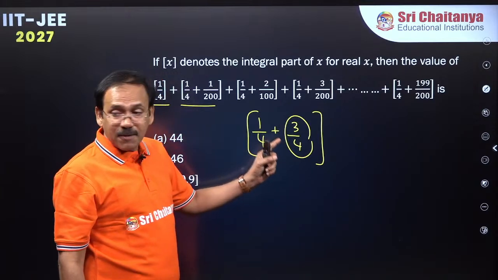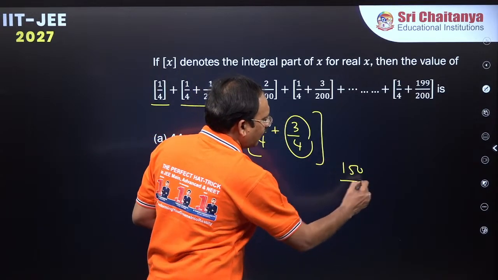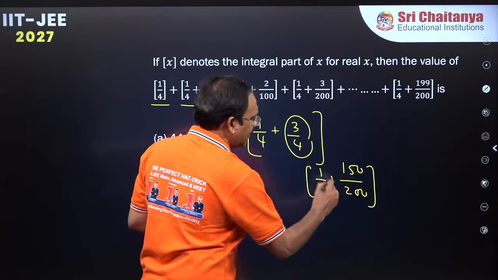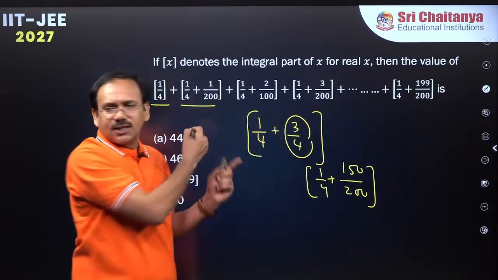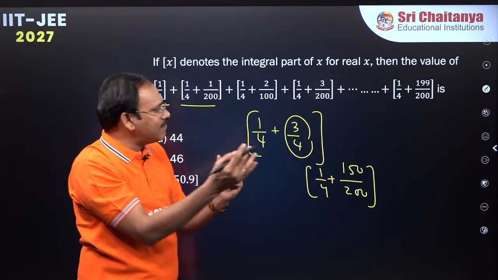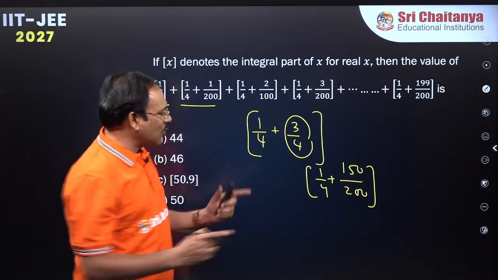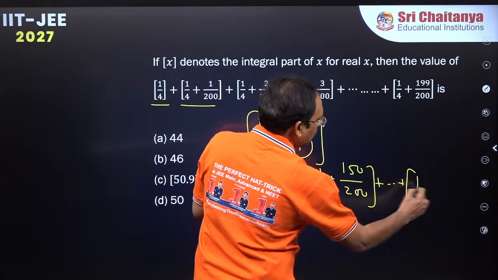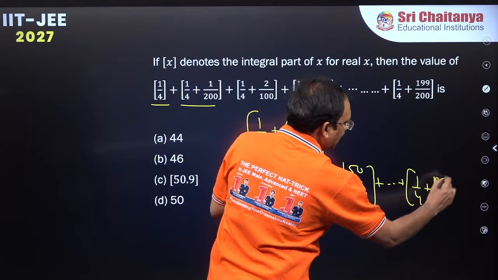It becomes 3 by 4 at, in fact, 150 by 200, correct? Then it becomes 1. Otherwise, before that all the terms up to 149 will become 0.